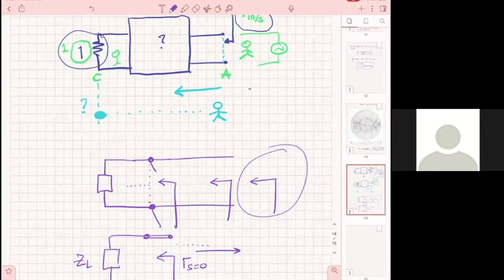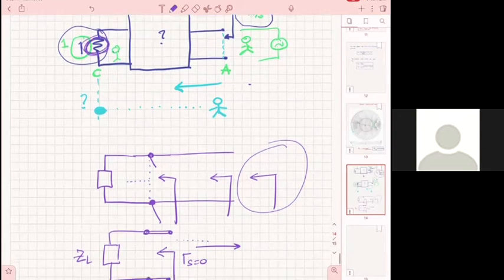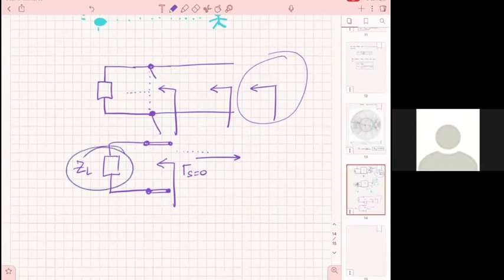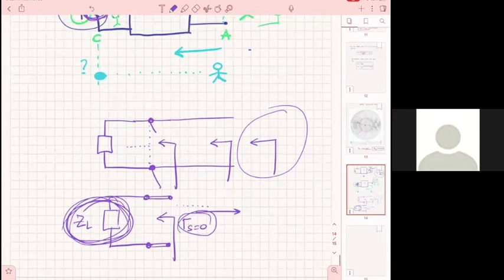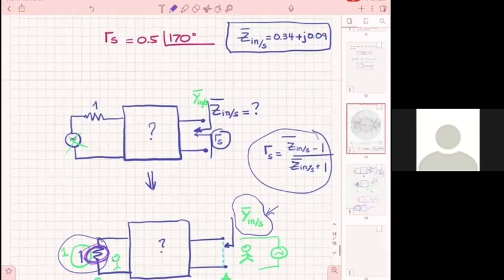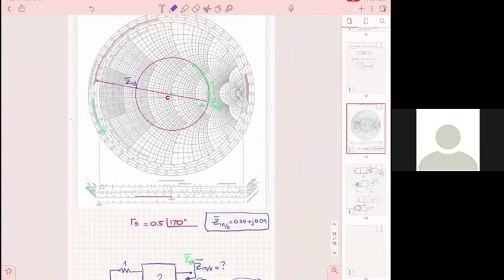In this problem, your desire is to move to the load, which is at the center. This load is at the center, but this load is not at the center. So when you have a load which is not at the center, you move away from it until you go to the center. On the Smith chart, your goal is to always go to the center. If to go to the center you move towards your load, then you move into the right location.